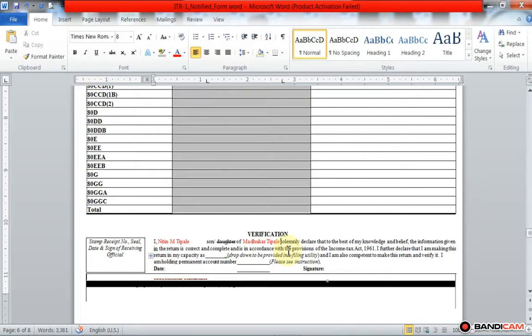Verification. I, Nitin M. Tipale, son of Madhukar Tipale, solemnly declare that, to the best of my knowledge and belief, the information given in the return is correct and complete and in accordance with the provisions of the Income Tax Act 1961.